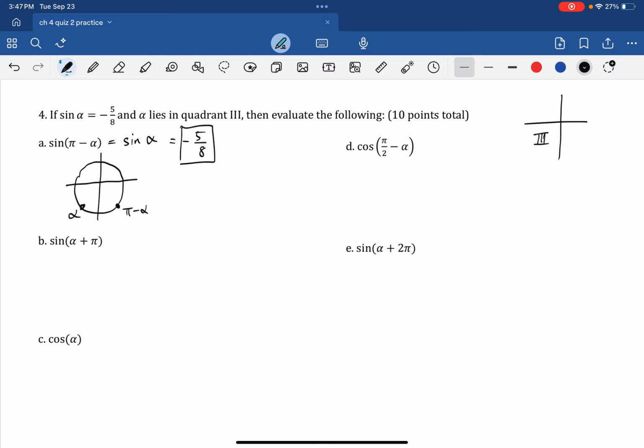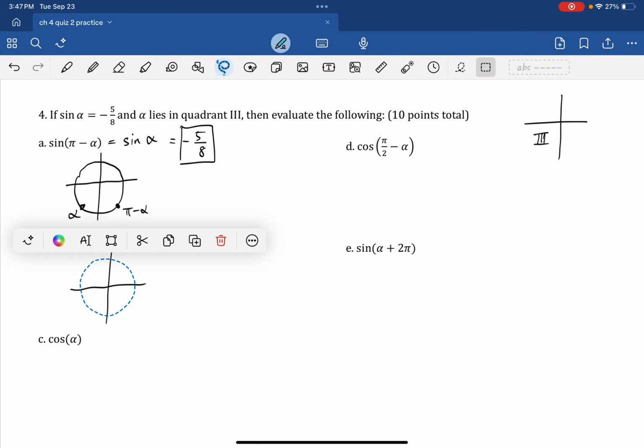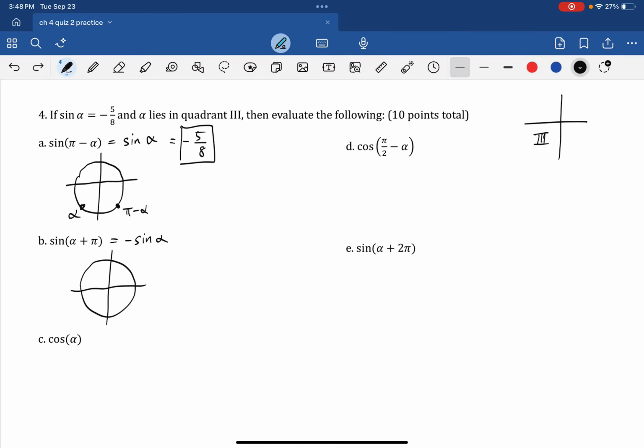We also learned that sine of alpha plus pi is equal to negative sine of alpha. The reason is that on the unit circle, if this is alpha, then alpha plus pi is just a reflection across the origin.